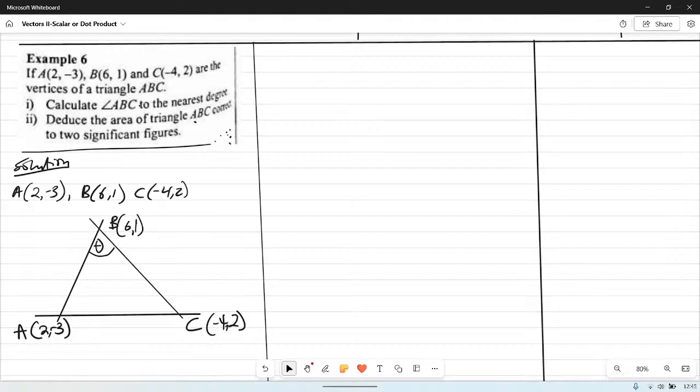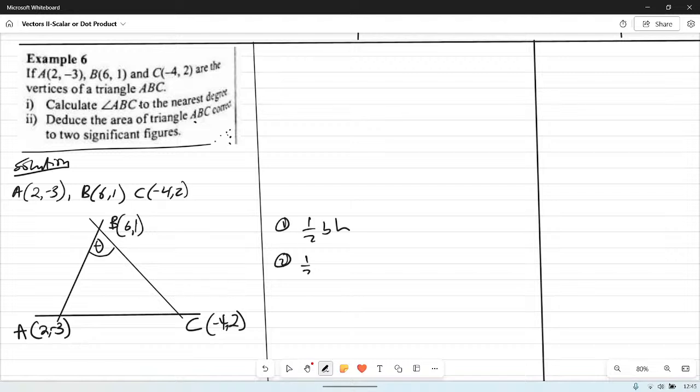Do you remember the area of a triangle? The formulas I taught you. There are three techniques. The first one is what? Half base times height.